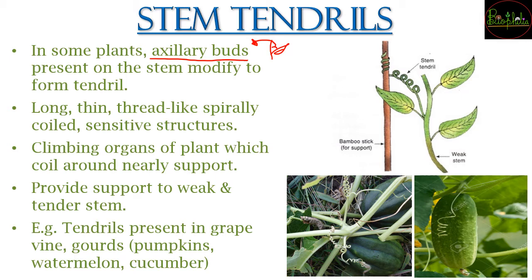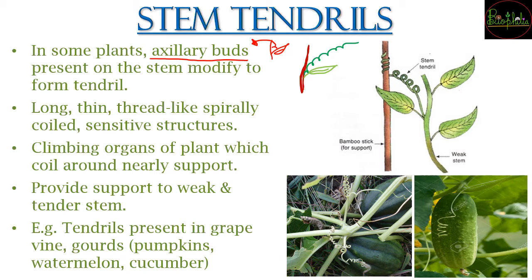So tendril की अगर आपको location पता करनी हो, so how you are going to see, suppose this is going to be your stem. Okay, stem के पास में से there is going to be a formation of leaf. अब leaf के formation के axial area में से there is going to be a formation of tendril. So that is going to be called as a stem tendril because it is originating from the stem.